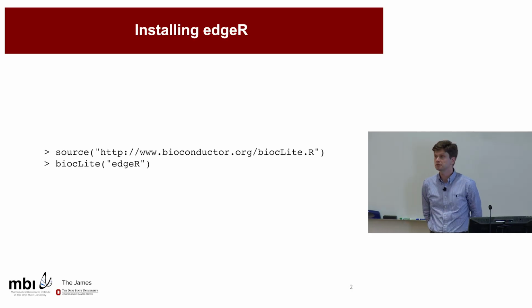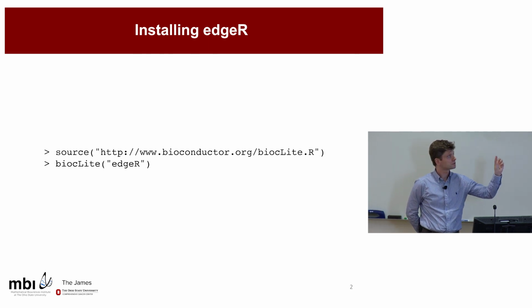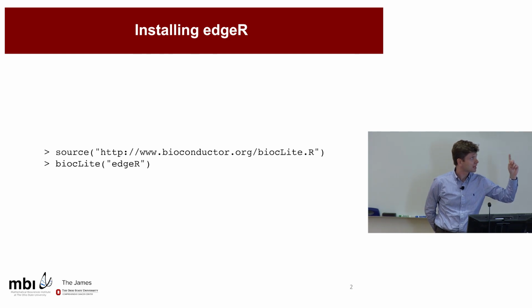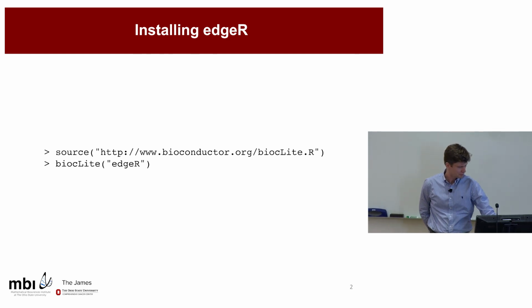So basically, we will start, if you haven't installed it yet, with installation of the EdgeR package. As you remember from yesterday, EdgeR is located in Bioconductor. So first you have to call this Bioconductor source, and then you use the biocLite command to install EdgeR, but again, this should be already installed.